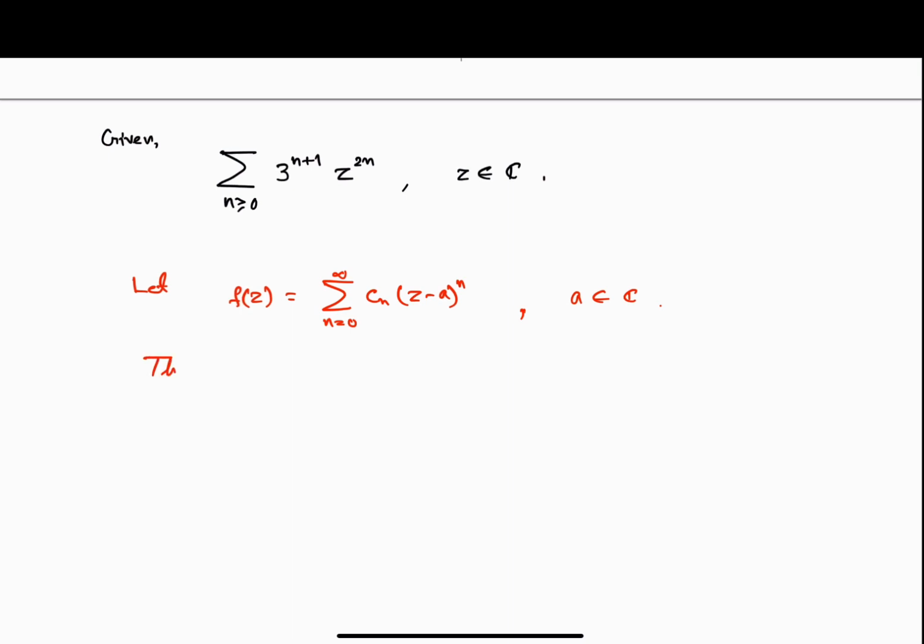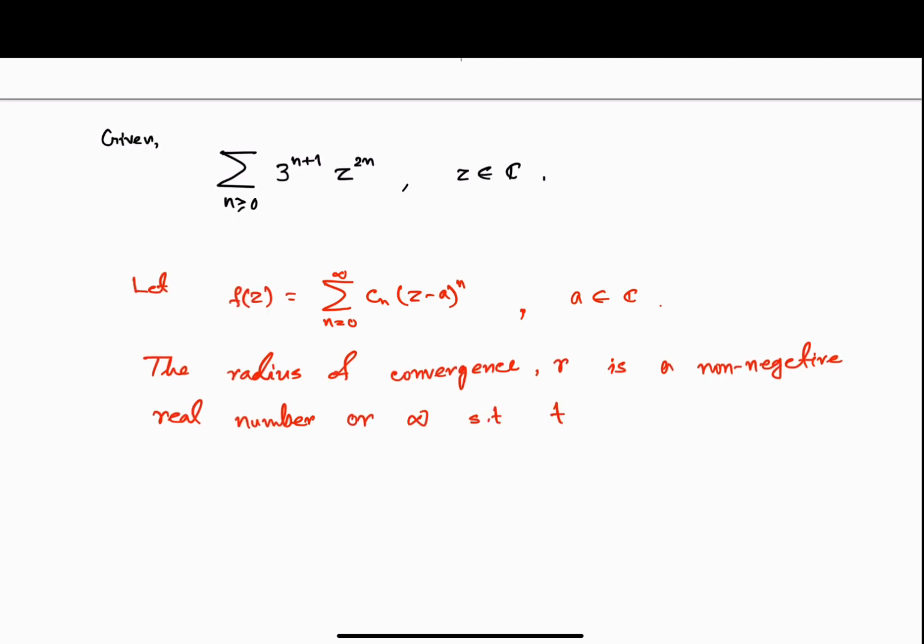The radius of convergence R is a non-negative real number, or it may be infinity, such that the series converges if mod z minus a is less than R and diverges if mod z minus a is bigger than R. This R is called the radius of convergence.